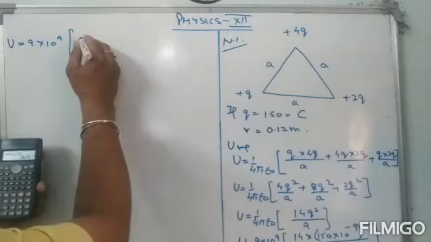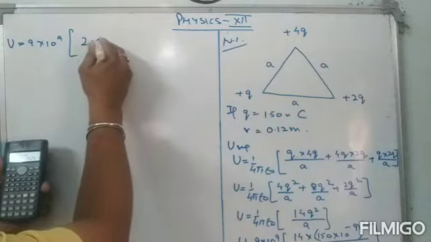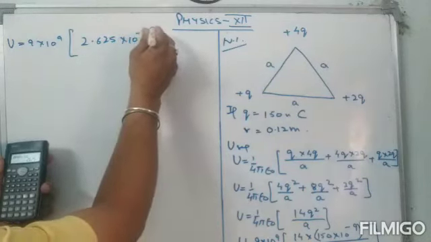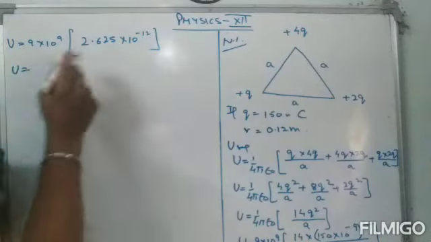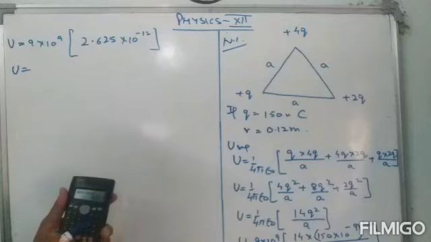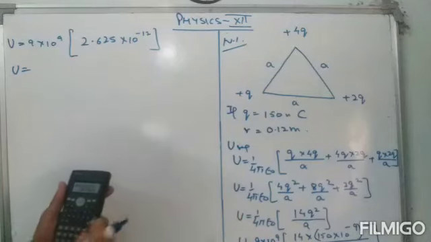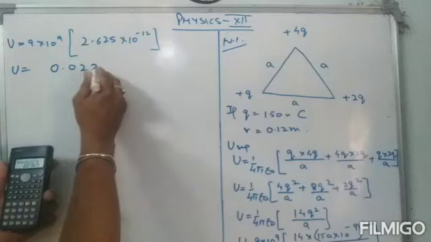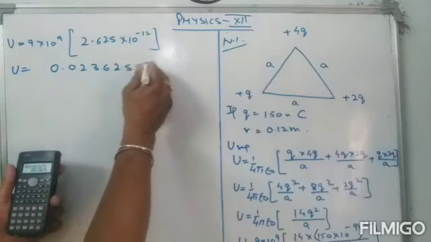You will get 2.625 into 10 to the power minus 12. U is equal to, multiply this with 9 into 10 to the power 9. You will get 0.023625 joules.